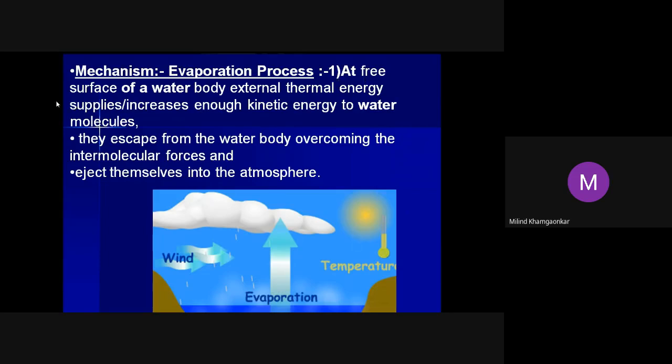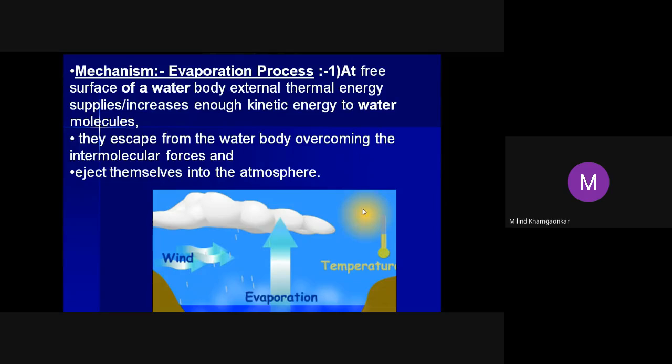So at the free surface of the water body, external thermal energy due to the solar rays supplies enough kinetic energy to the water molecules at the surface, and they escape from the water body. They leave the surface, overcoming the intermolecular forces.